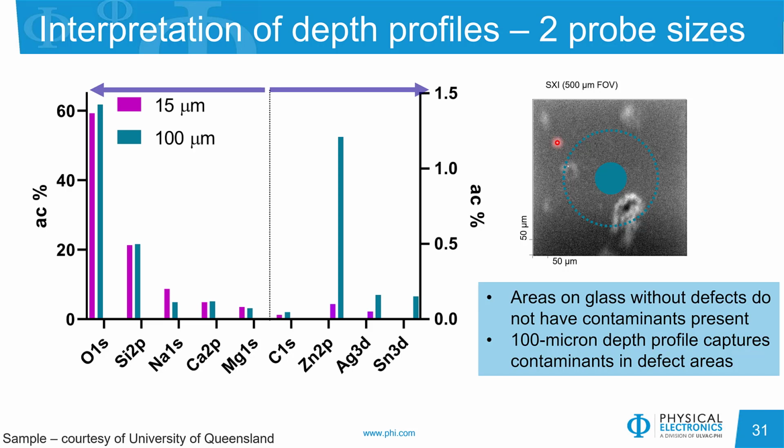And that's why we observe really large concentration of zinc, silver, etc. So these acquisitions of SXI images are really useful not only to study your samples as received, but also as you do depth profiling, telling you whether there are defects that you may not be even aware of.